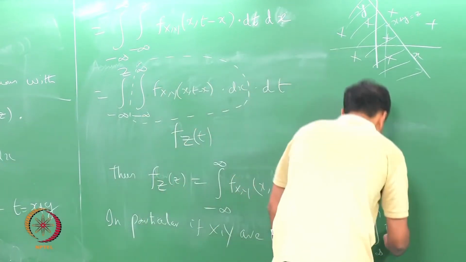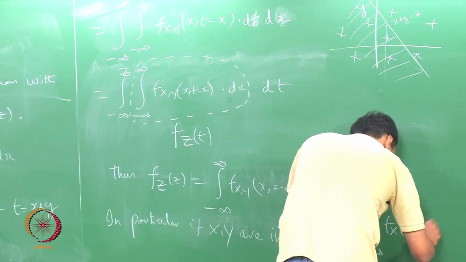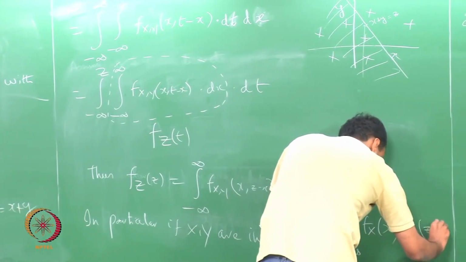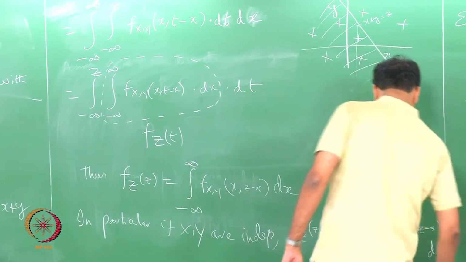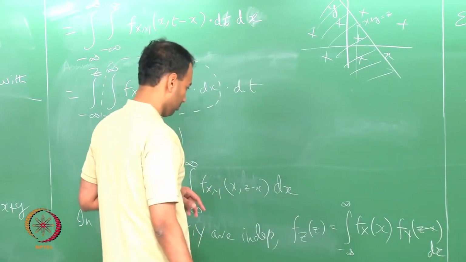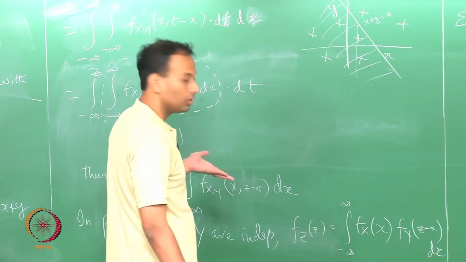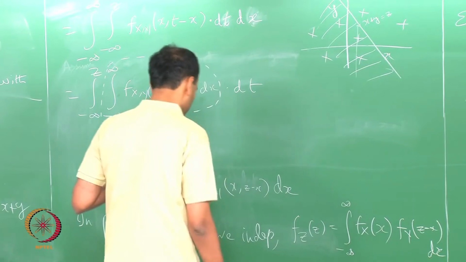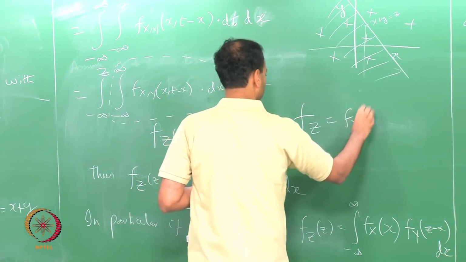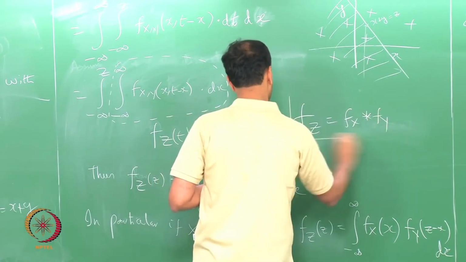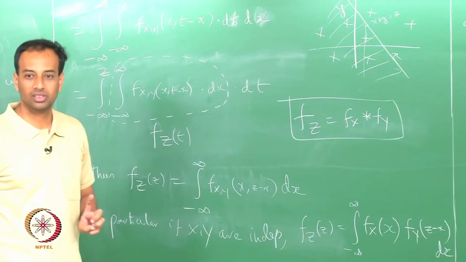So, I will get f_X of x times f_Y of z minus x dx. This is a convolution also, right? You can write this as f_Z is equal to f_X convolved with f_Y. So, if X and Y are independent jointly continuous random variables, then you get this formula.